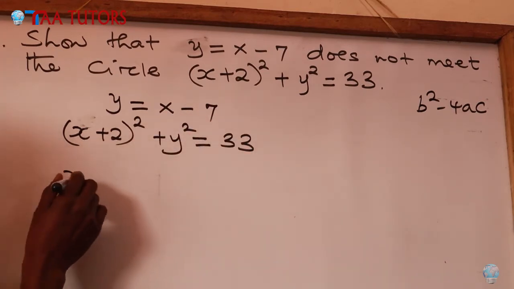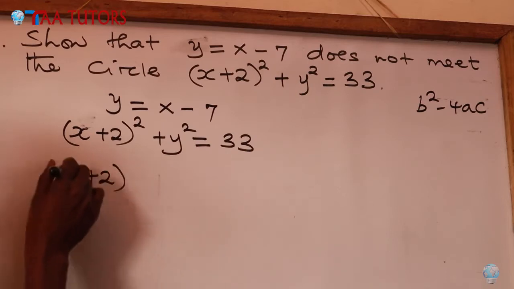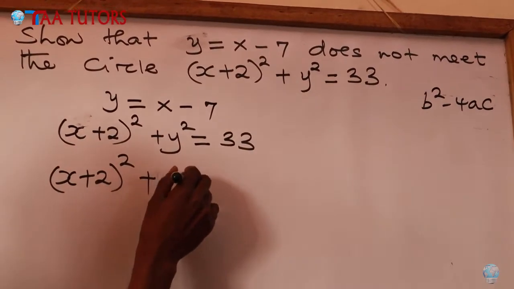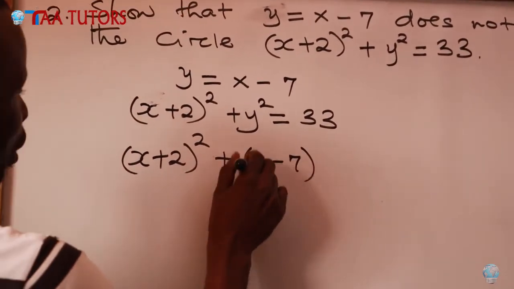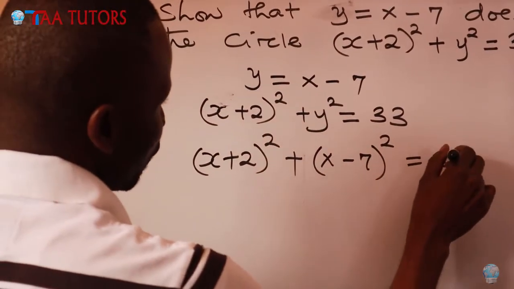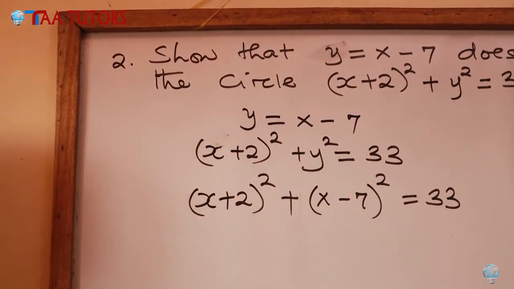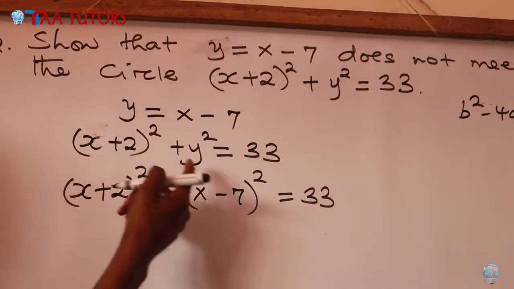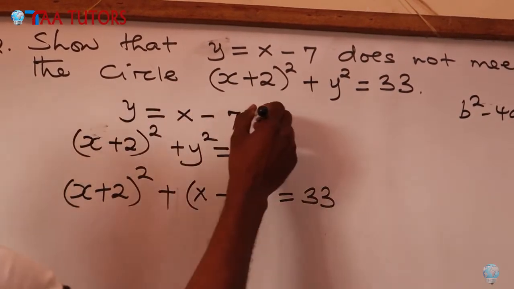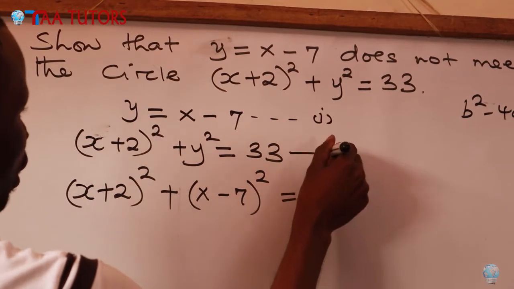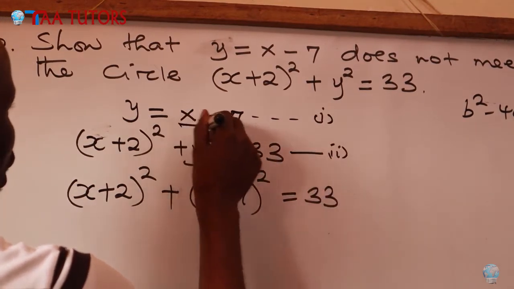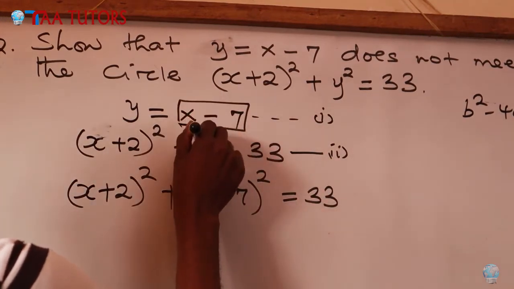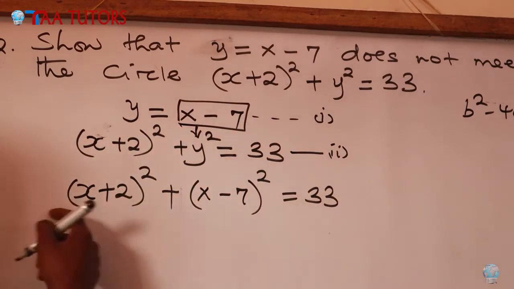So I'll have (x plus 2) squared plus (x minus 7) squared equals 33. What I'm doing here is to ensure that I don't have to solve a quadratic equation in two unknowns, x and y. So I substitute equation 1 in equation 2, where I take this value here and put it where y is.